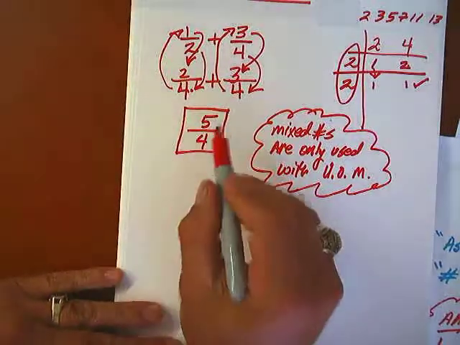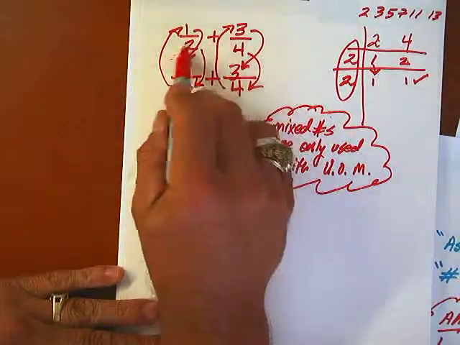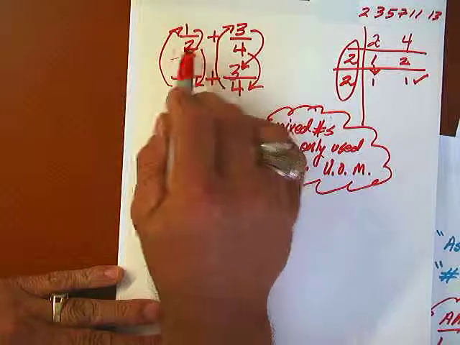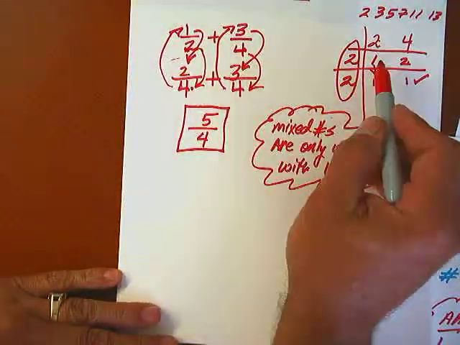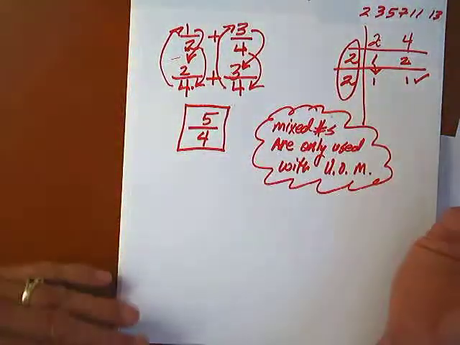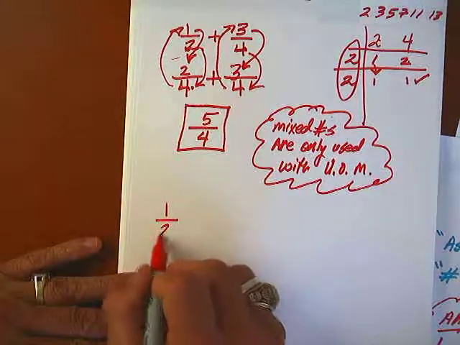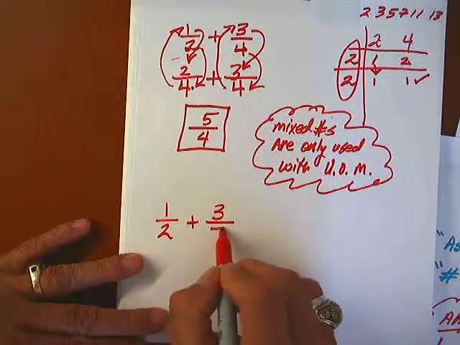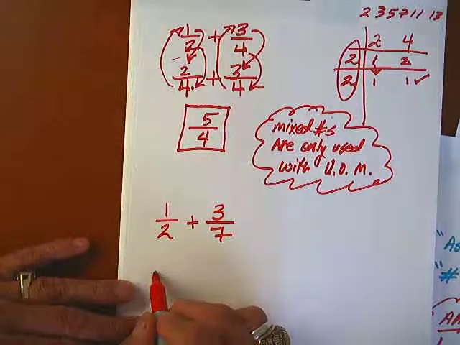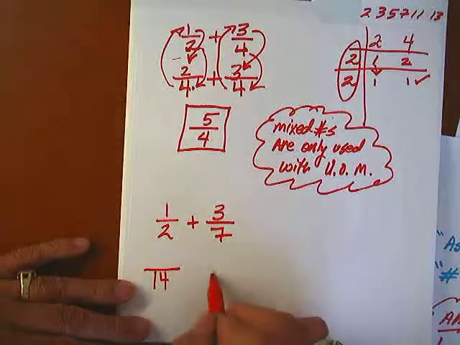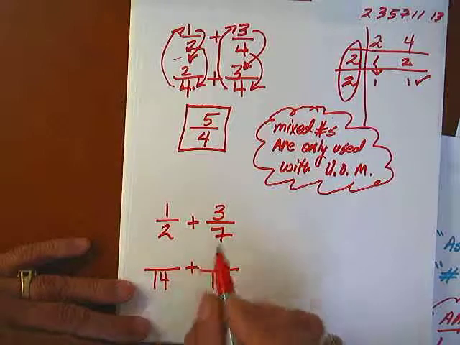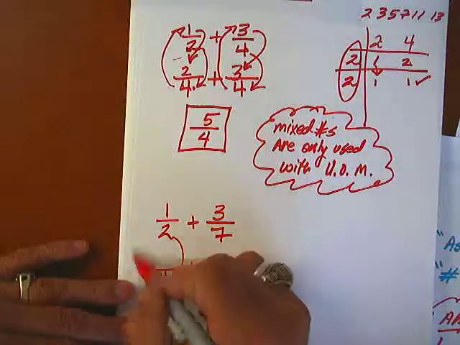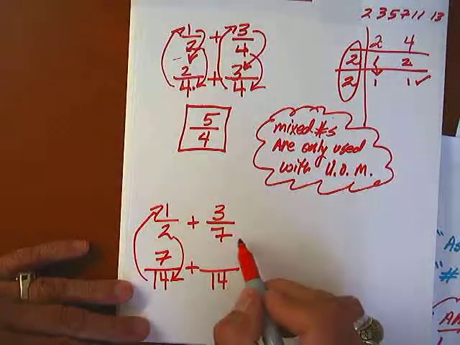You don't walk into Walmart and ask for 5/4 feet of rope. You ask for 1 1/4 feet of rope. So mixed numbers are only used with units of measure. Alright, so when you have two different numbers and they're composite, then you need to do this. If they're prime, you multiply them together.